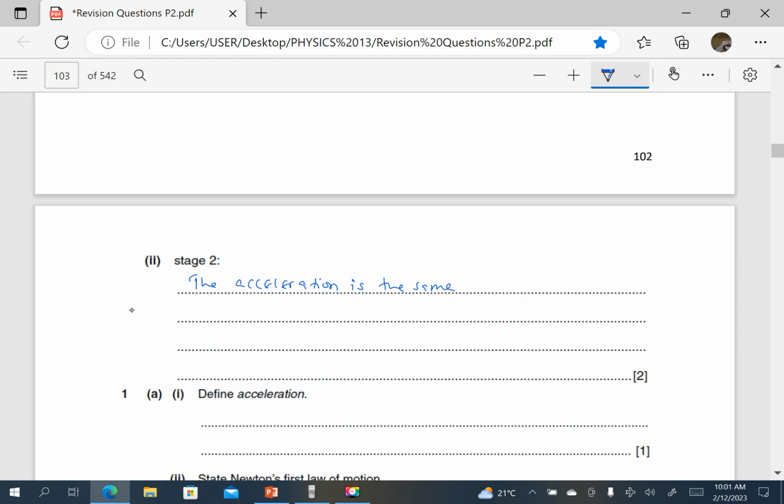The acceleration is the same, and from s equals u squared over 2a, the new value of speed is going to be equal to a half of the initial value, which implies that the new value of displacement is going to be a half u squared divided by 2a, which is actually a quarter into u squared over 2a, which is a quarter of the original value of displacement.